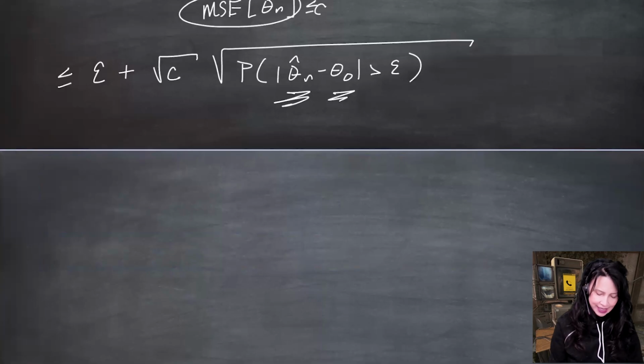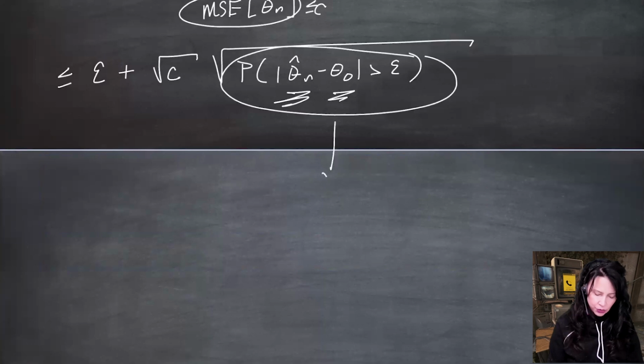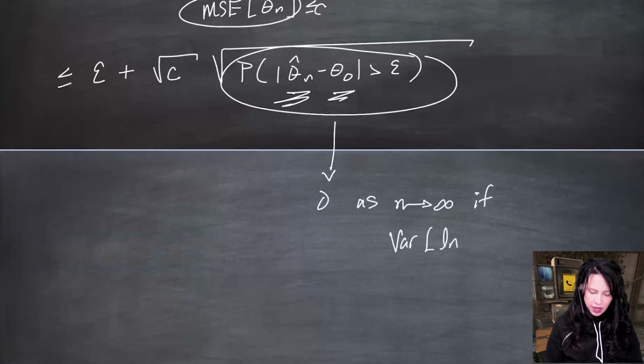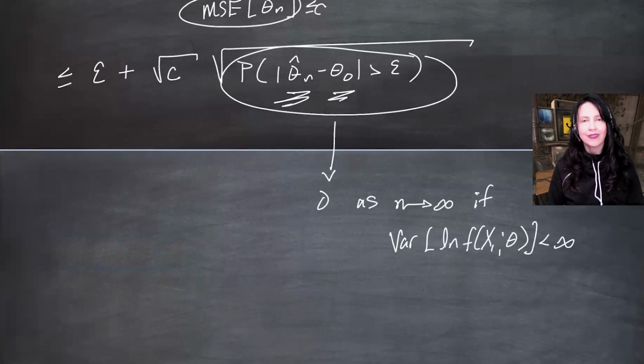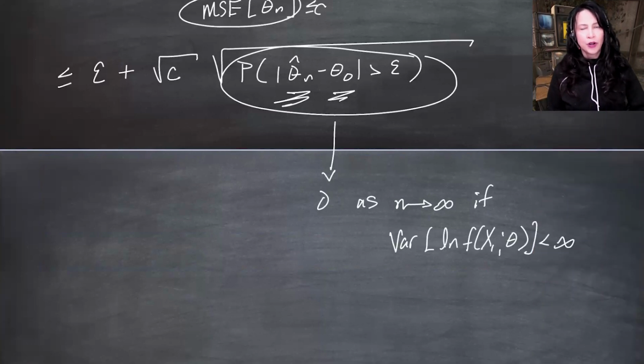So this goes to 0 as n goes to infinity if the variance of the log of f of x1 and theta is finite. Because that was our previous condition in our list of things that we needed to get convergence in probability.